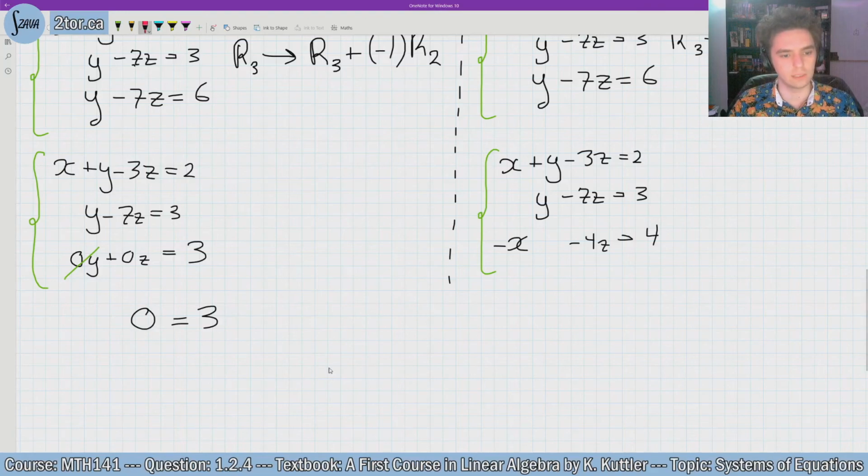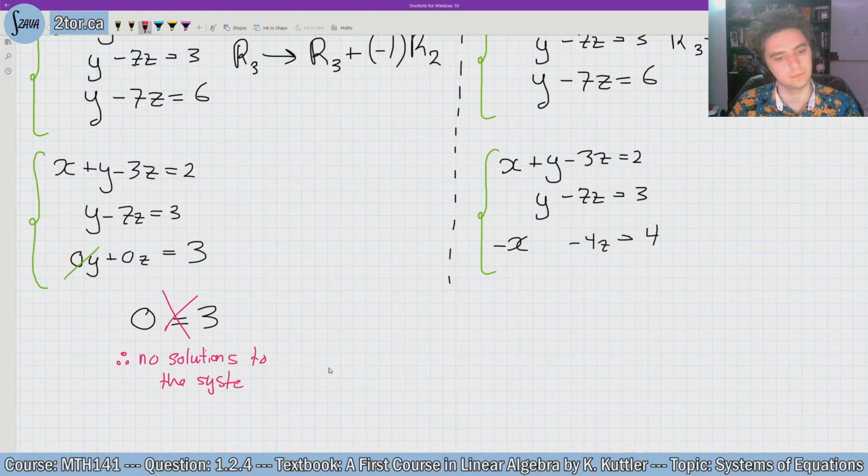And this is obviously not a true statement. 0 does not equal 3. So there are no solutions to this final equation. What that tells us is that there are no solutions to the whole system. If we did have a solution, I could just solve for z here, back substitute, and get all my values x, y, z.